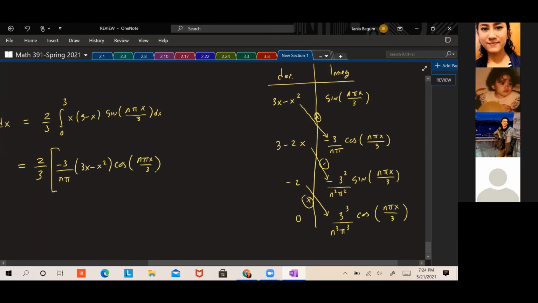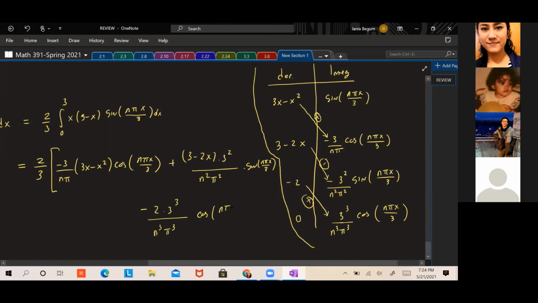The double negative cancels out, so that's plus (3 minus 2x) times 3 squared over n squared pi squared times sine(n pi x over 3). And then the last term gets a negative sign, so that's negative 2 times 3 cubed over n cubed pi cubed times cosine(n pi x over 3). We're evaluating all of these from 0 to 3.